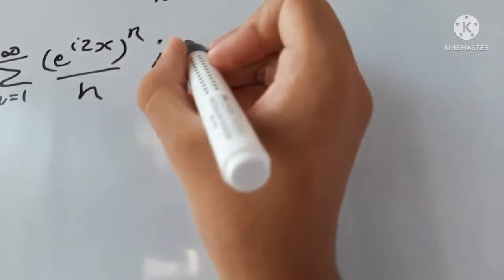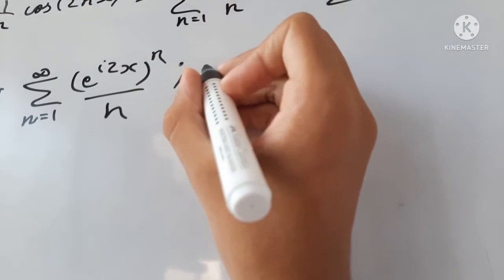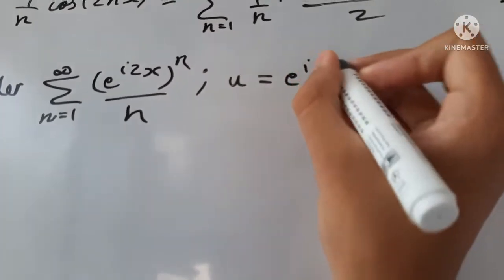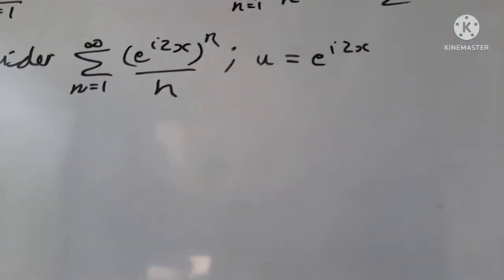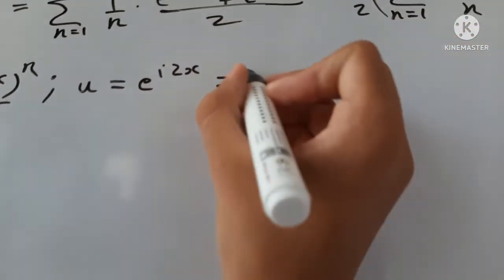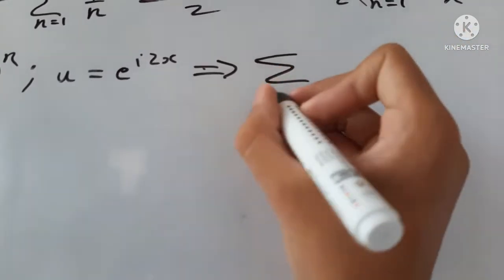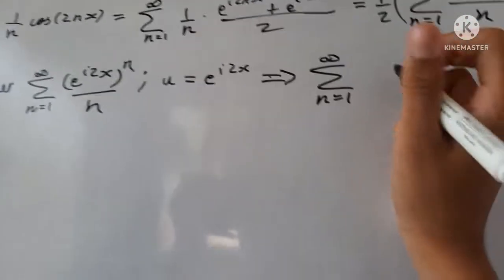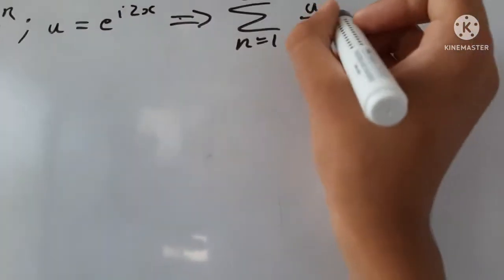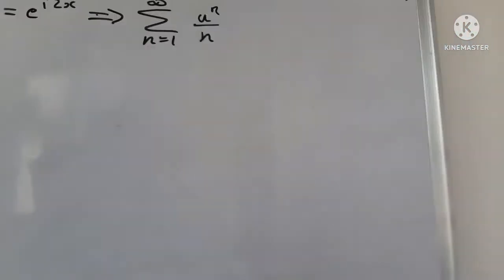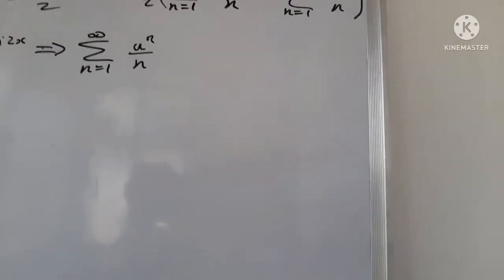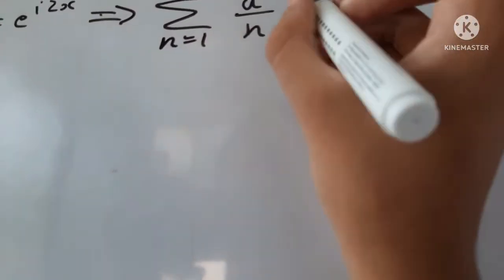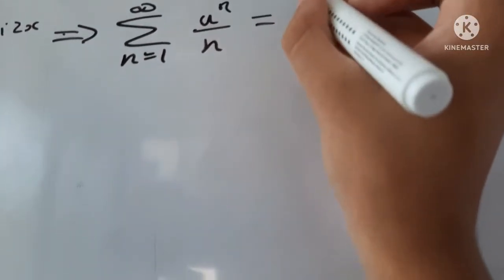Let u equal e to the i 2x. So this would imply we now get the sum from 1 to infinity of u to the n upon n.